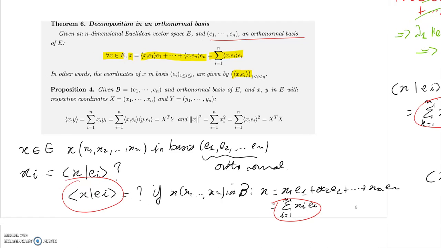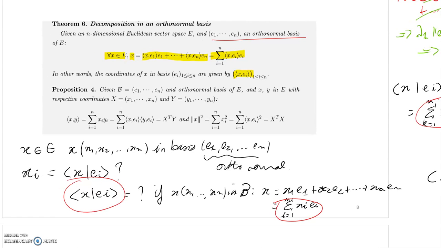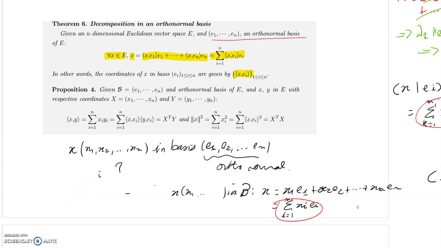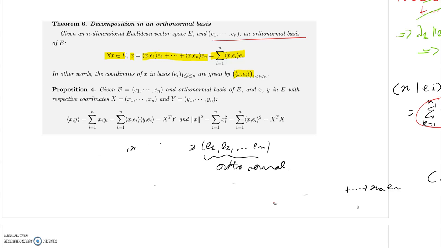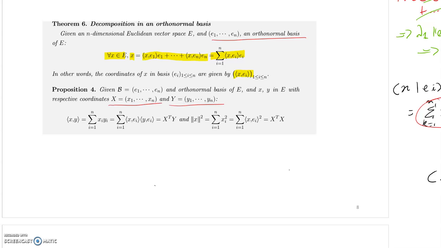Okay, and then for the next proposition, we can just work from here. Let me erase some of the stuff so that I've got a bit of room to write. So the next proposition tells you that we still have this orthonormal basis, and we take two elements, x and y. They have the corresponding coordinates that we have already calculated in that basis.